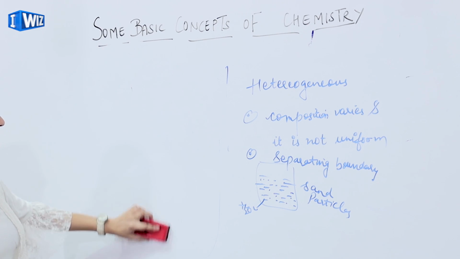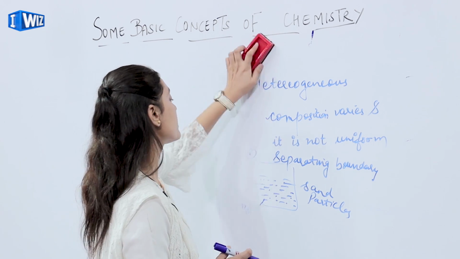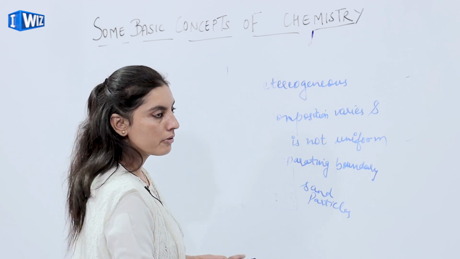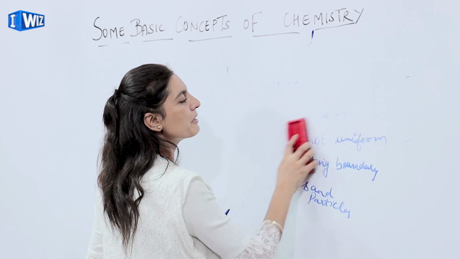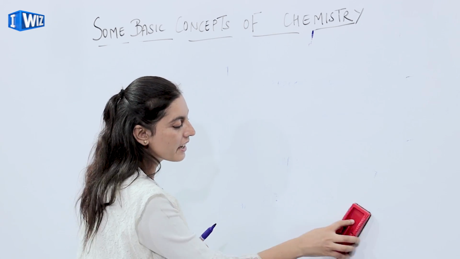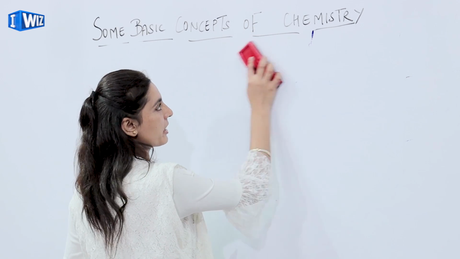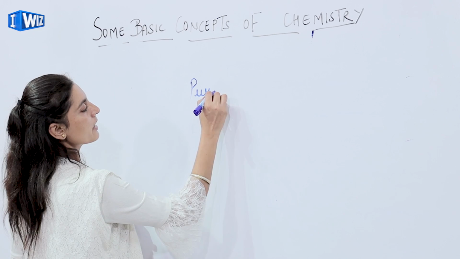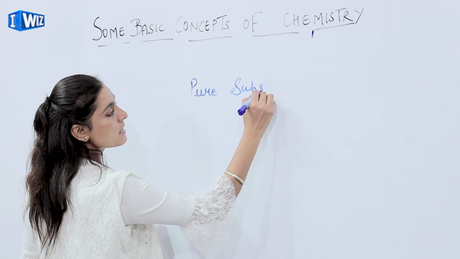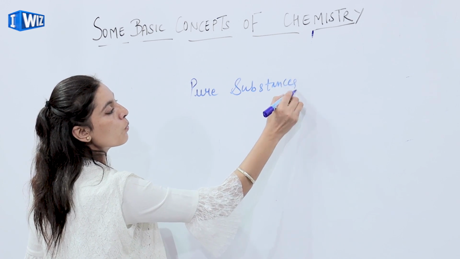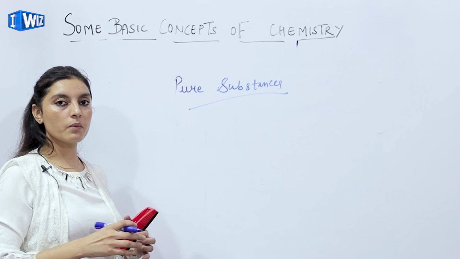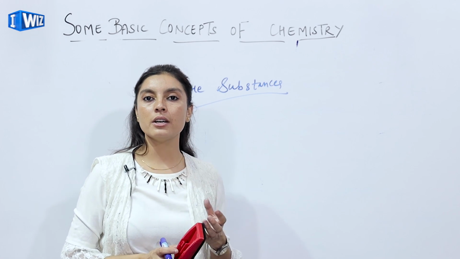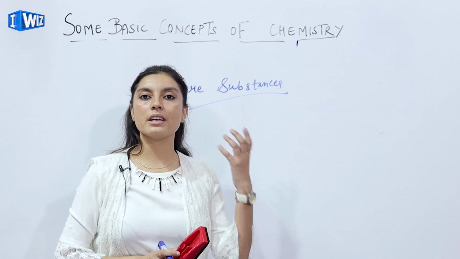There are various pure substances that we find in our day-to-day life, but we might not be aware that they are actually products of chemistry. If I talk about the pure substance, the name itself says something which is made up of one particle, something which does not contain any other constituent or any other particle.